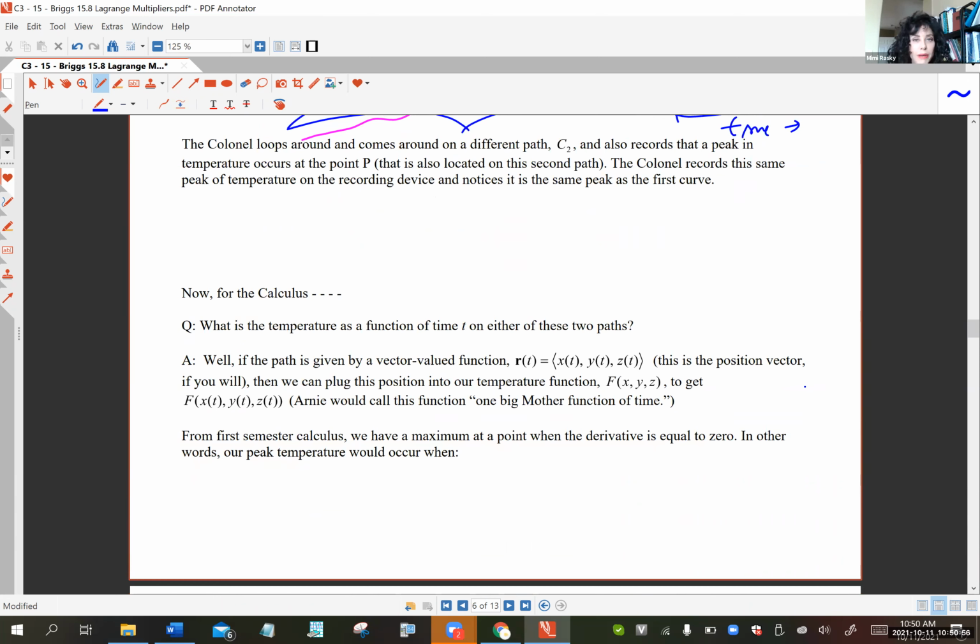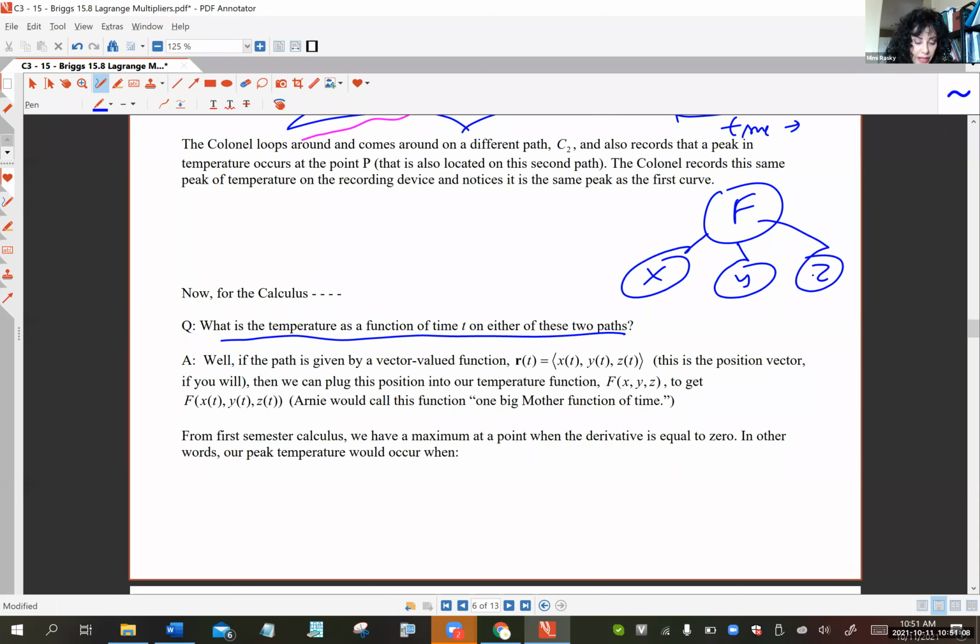So now let's talk about the calculus involved. What is the temperature as a function of time on either of these two paths? Remember, our function F is a function of x, y, and z in space. But suppose that x, y, and z are related to a function of time. Time is driving the bus.